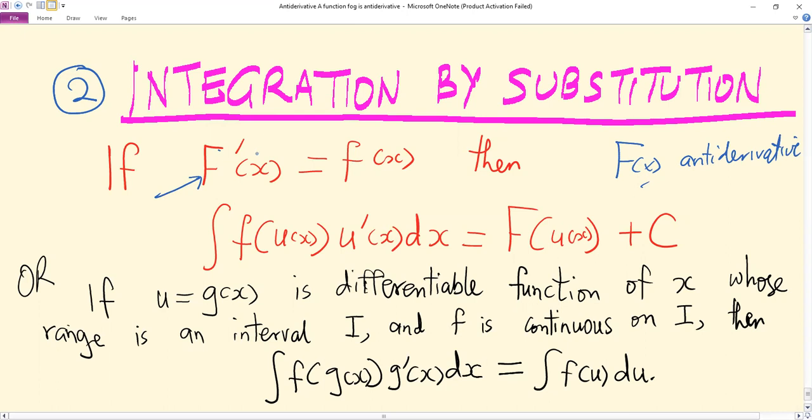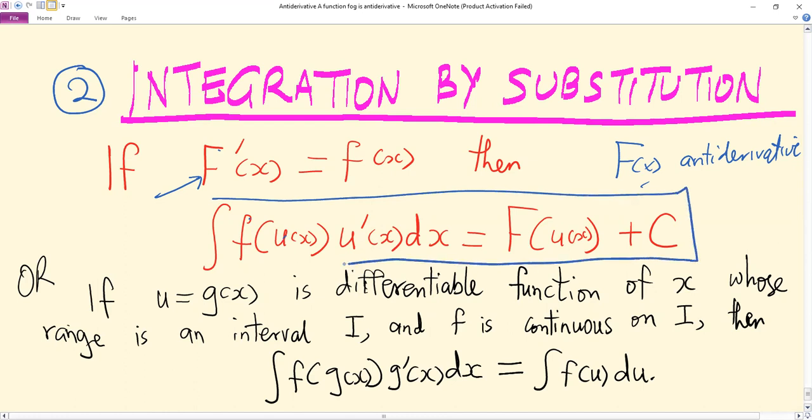So if you differentiate and you get the function you have, then the integral of the function f of u can be obtained by replacing x with u of x, with this substitution u, and then multiplying by the derivative of that replacement u, and then you get your value as f of u of x plus c.